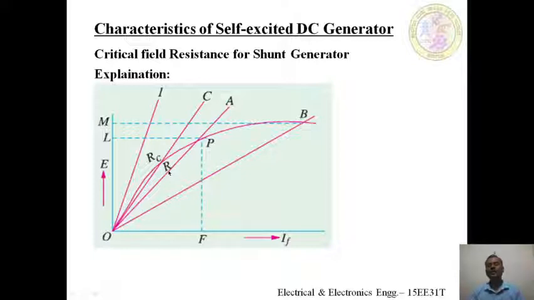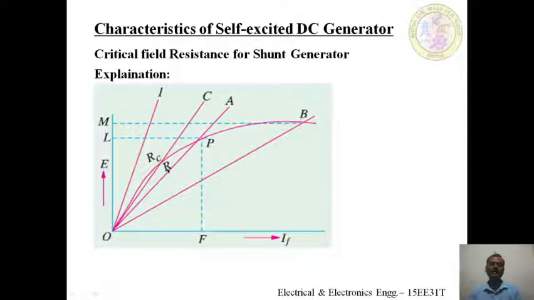If the field winding resistance is decreased below R, the line will cut the OCC at B. Then the corresponding point M on the voltage axis, OM, is the maximum EMF induced by that generator with the reduced shunt field resistance.